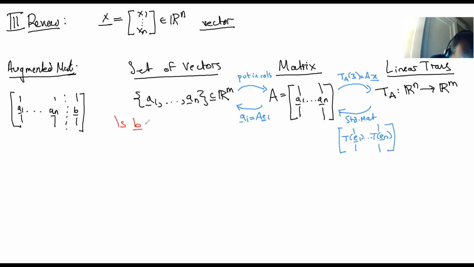So is some b equal to x1 a1 all the way up to xn an, for some coefficients x1 through xn? Okay, so maybe I'll draw lines between these things just to keep them separate.